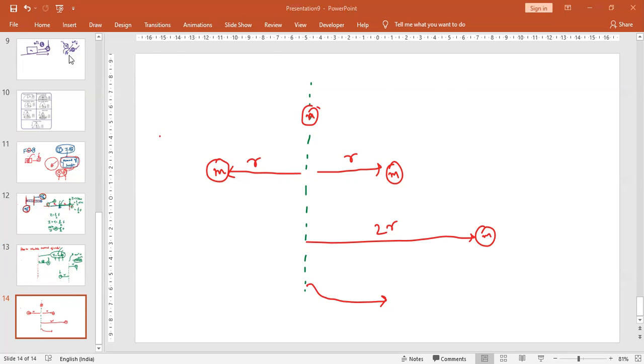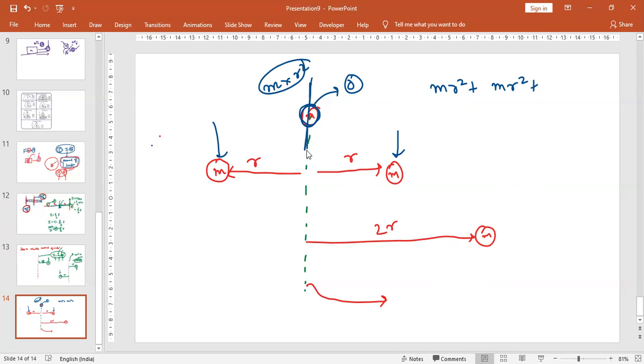Okay, so let us calculate. For this mass, the moment of inertia will be mr square. For this mass, the moment of inertia will be mr square. This mass is on the axis, so its moment of inertia will be 0, because moment of inertia is basically mass into square of distance from the axis.